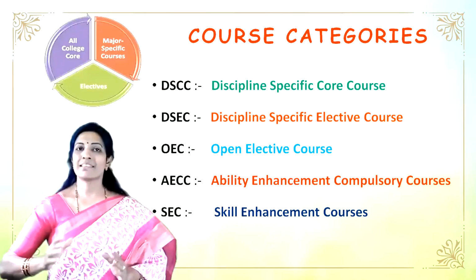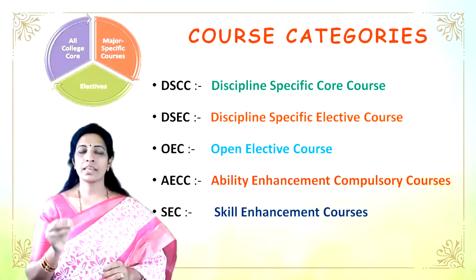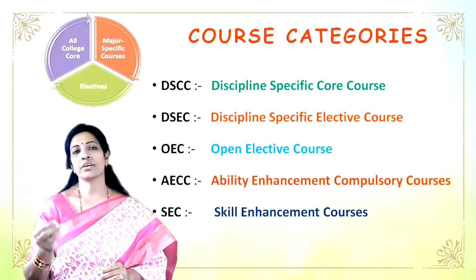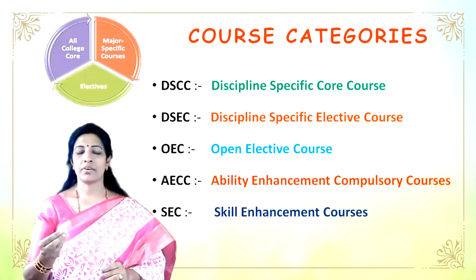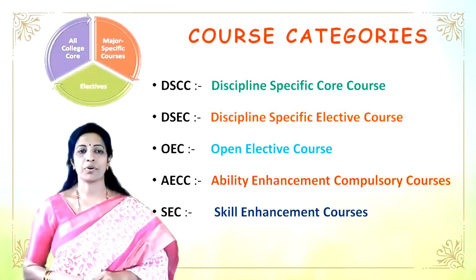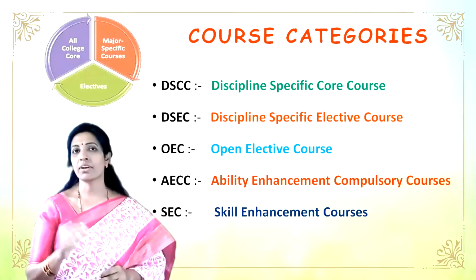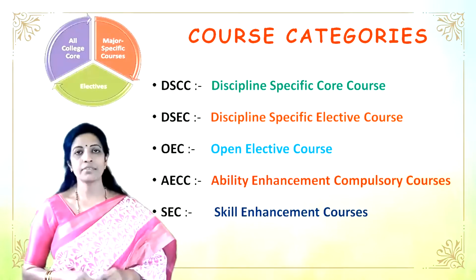DSEC, discipline specific elective course. These are subjects which will be related to the main subject which he has opted for. OEC are the open elective courses which are unrelated to the main subject which he has opted for.